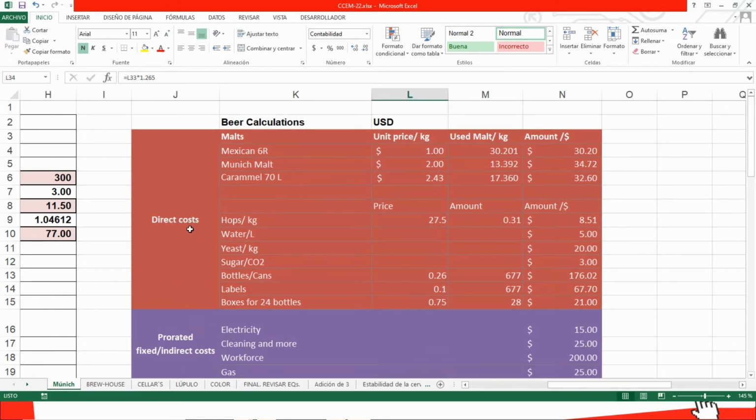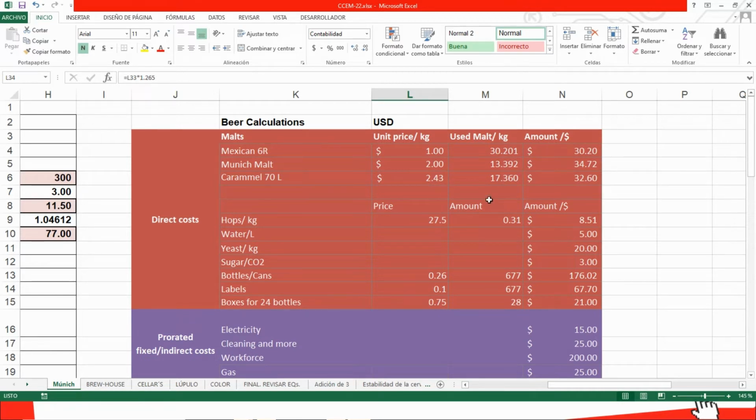For example, I need Mexican 6-row, Munich malt, caramel 70, and so on, with the unit price per kilogram and the used malt. The amount in US dollars, I just have to multiply the amount of used malt by the unit price, and so on with each raw material.